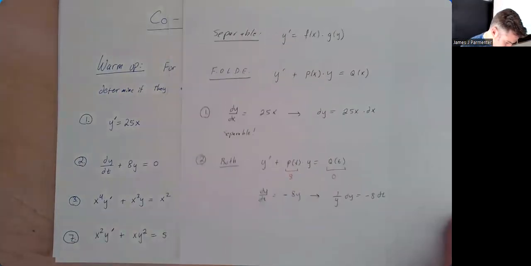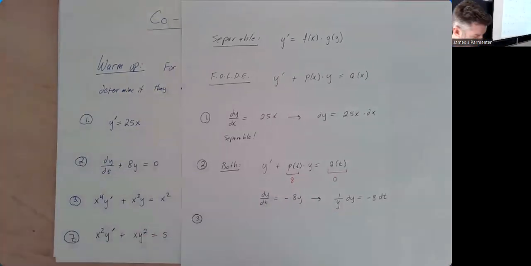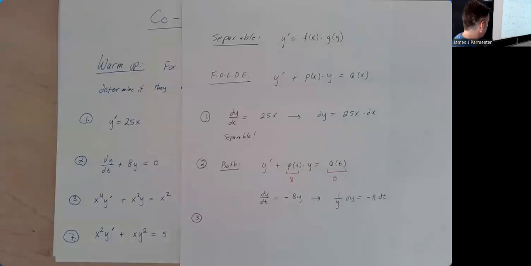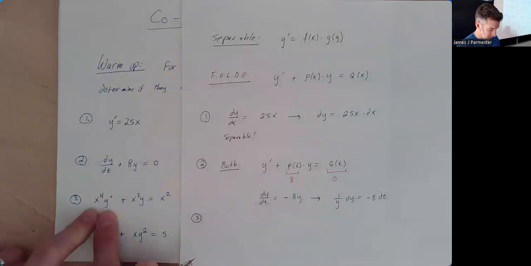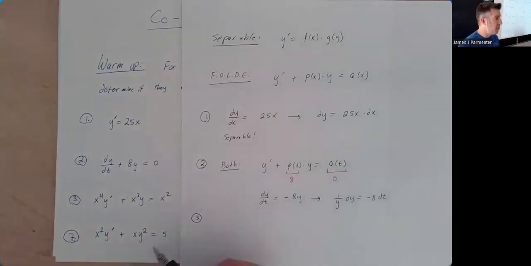Let's do this third one here. When I'm asking myself if it could be separable, I would leave the y prime on its own, and then if I have everything else on the other side, it seems like it's really going to be hard to factor out the y's from the x's. So this third one's probably not separable.